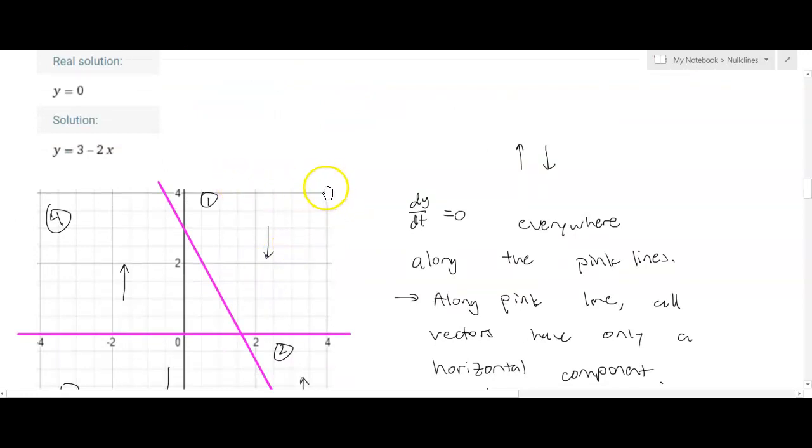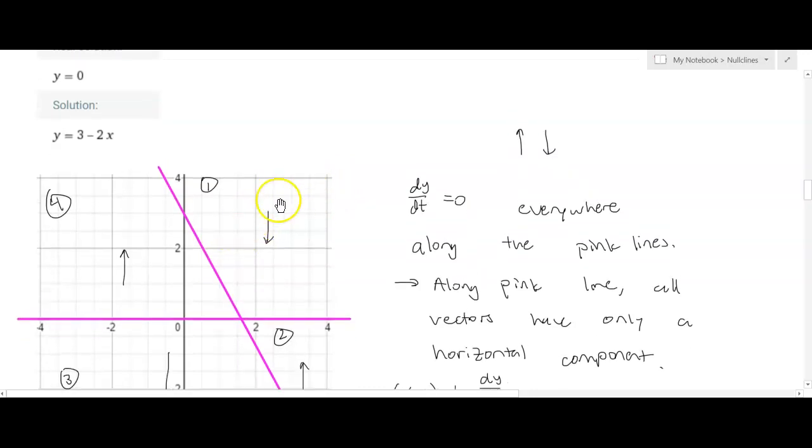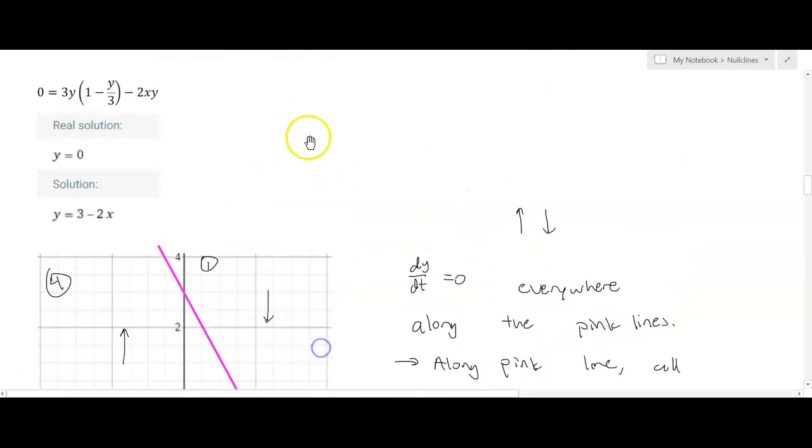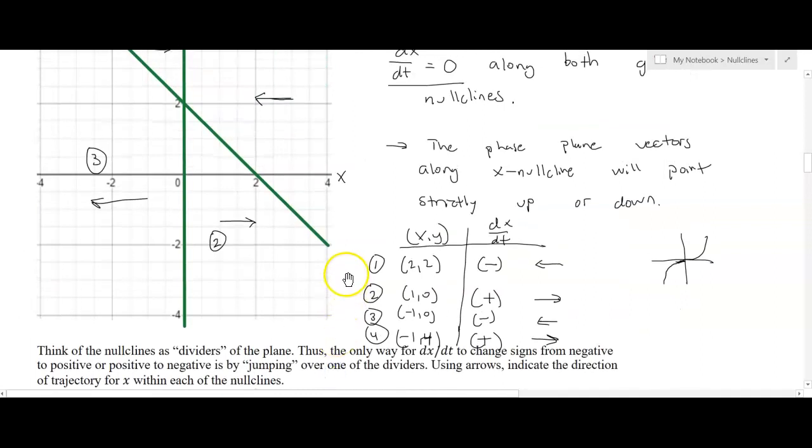So a point that starts up here, based on these two nullcline graphs, will have vectors that point down and to the left. And what we want to do now is not keep looking back at these two graphs, so we actually want to overlay these on top of one another. So we're going to do that next.